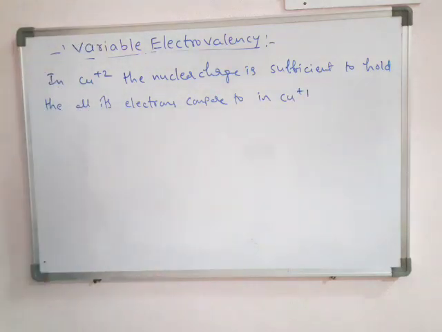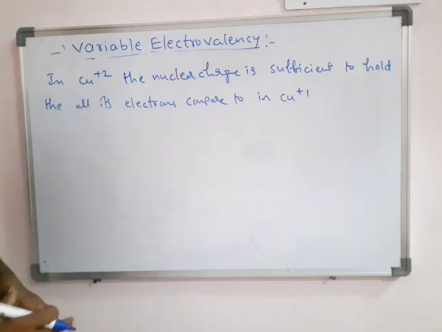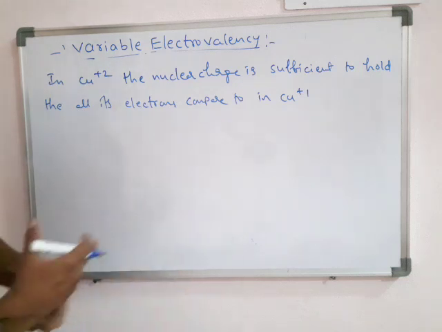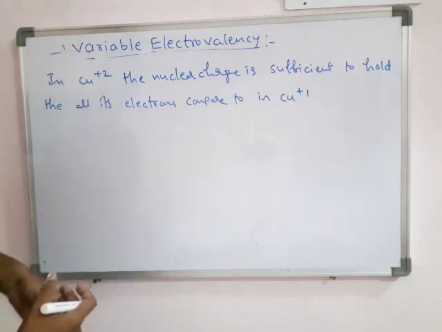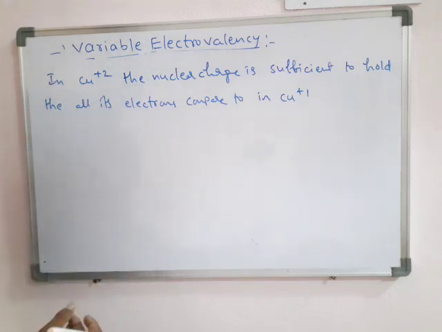So in Cu plus 2 the nuclear charge is perfectly suitable, perfectly sufficient to hold all its electrons. So under the attraction, it becomes so much more stable than Cu plus 1.